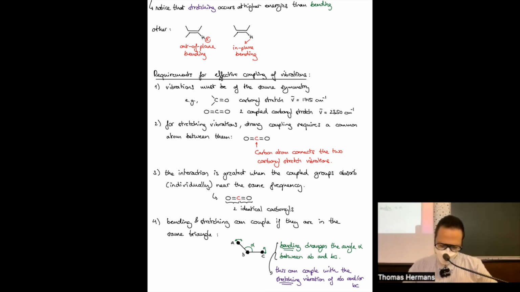You can imagine that if I look at stretching, which would be a change in length of AB or BC, because it's forming part of the same triangle, this bending then couples with the stretching. But they have to be close, right? They have to be in the same triangle.